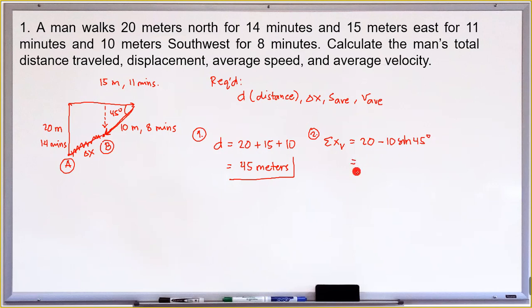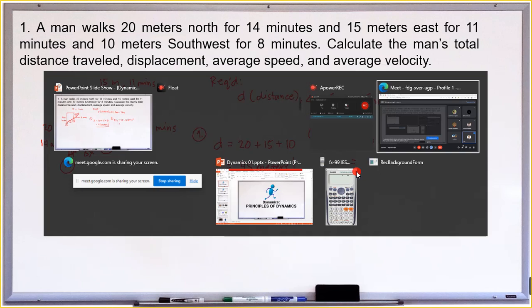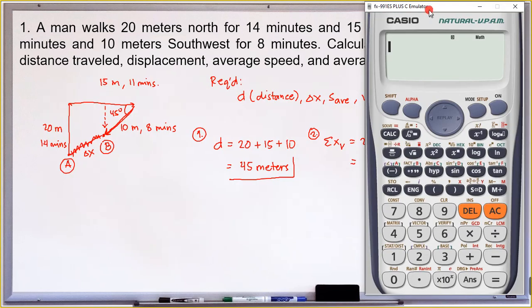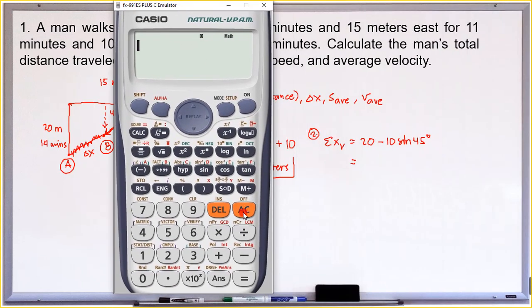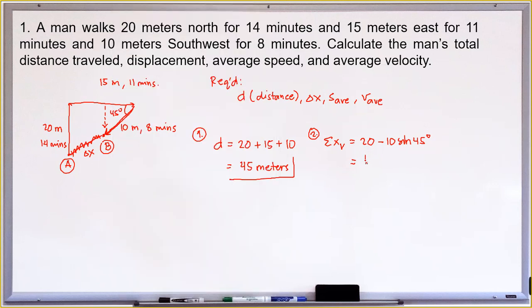So the resulting displacement component is 20 minus 10 sine of 45. So we have approximately 12.93 meters.